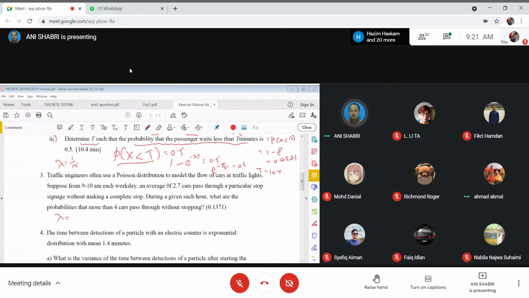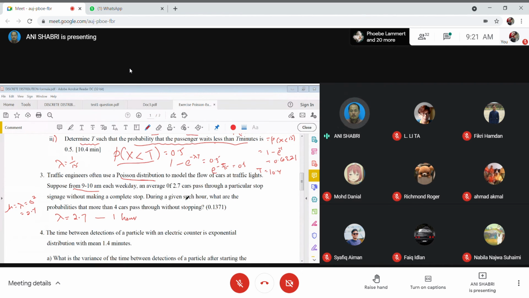Berapa nilai lambda? 2.7. This one bukan mu, this one 2.7. Tak payah tu, sebab dia ni adalah Poisson. When Poisson, mu is equal lambda is equal variance. Okay, time, what is the time? For 1 hour, and this one from 9 to 10.